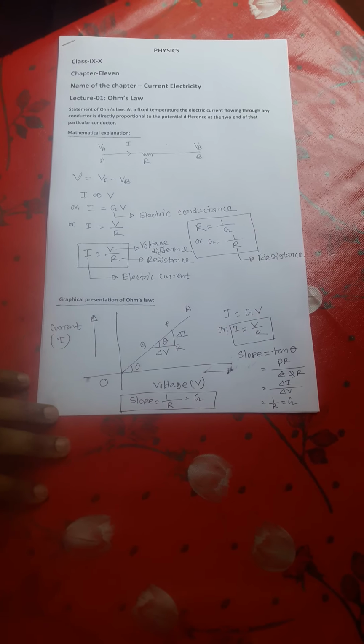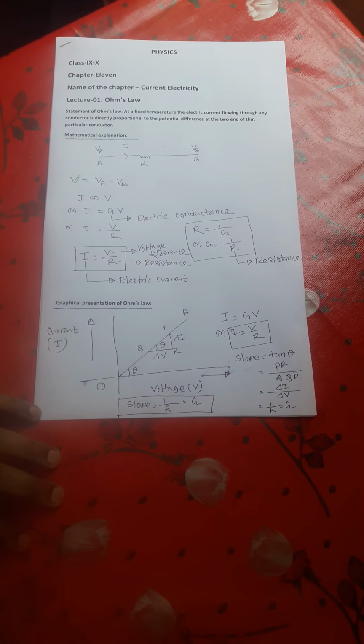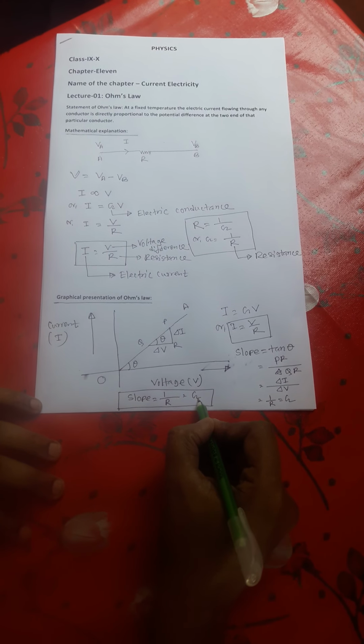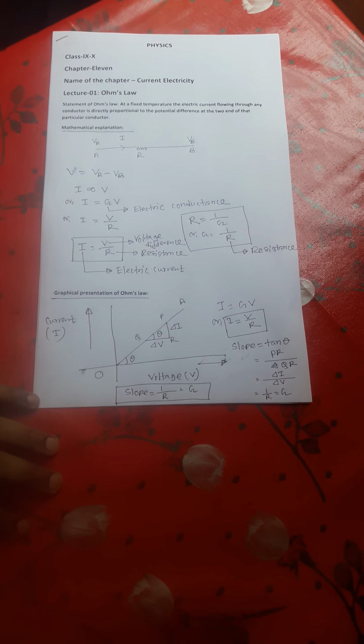In short, according to Ohm's law, the graph is a straight line passing through the origin, and the slope of this graph is conductance, or the inverse of resistance.